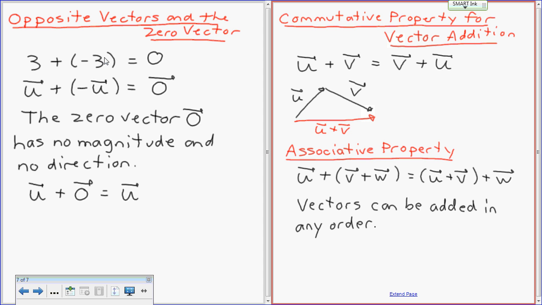Whether I add the vectors UVW, VWU, WVU, whatever, they will still give you the same result.